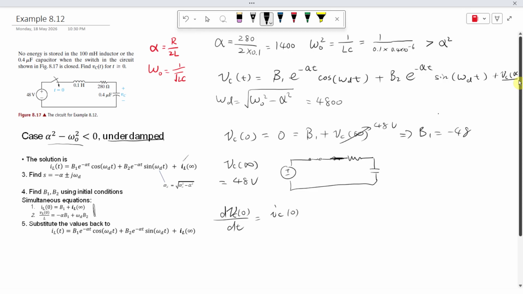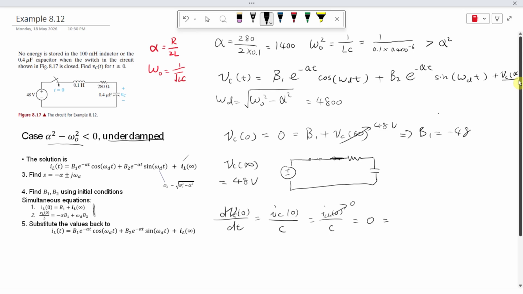I think it's C dV/dt, so it's over C like that. The capacitor current we probably don't know, but it's always equal to the inductor current because they are in series, and we know this one's 0 because there's no energy in the inductor, so the whole thing is 0.